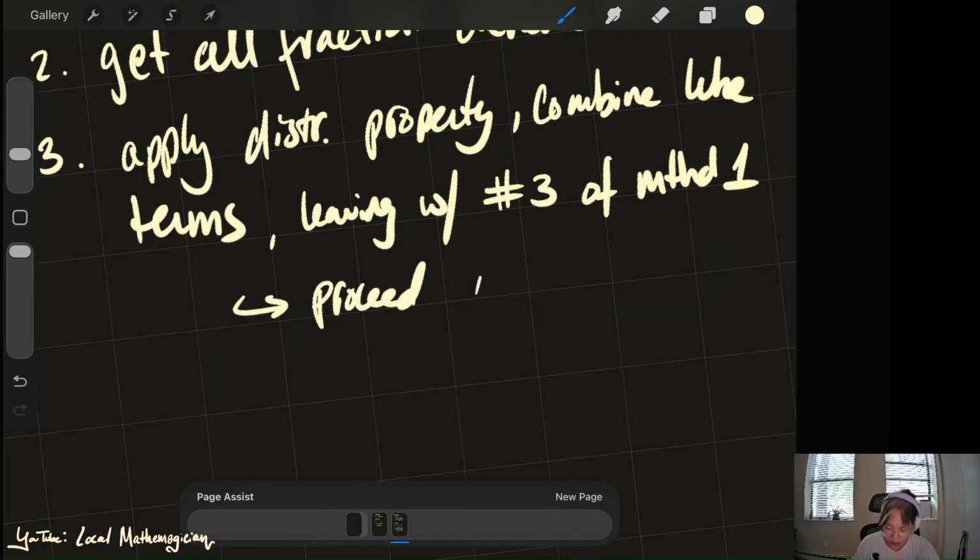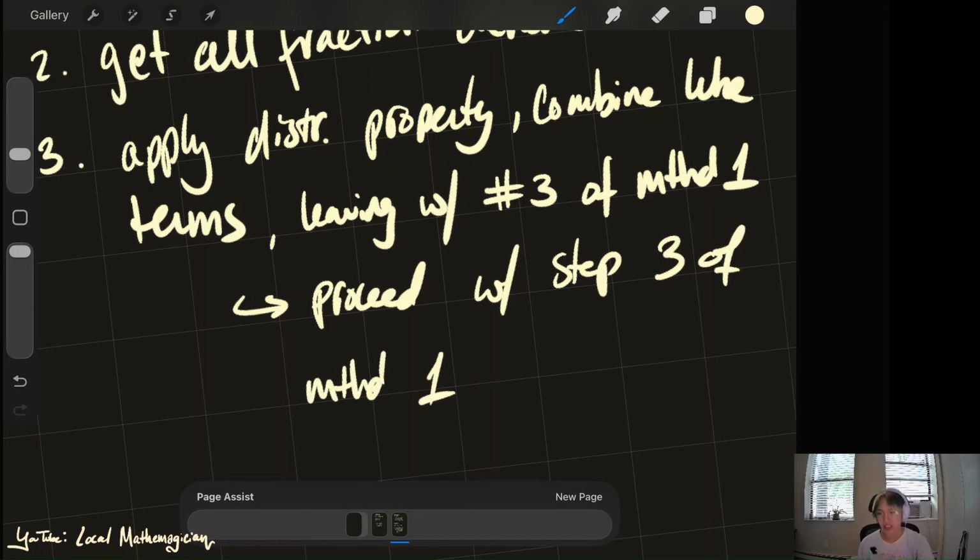Proceed with step 3 of method 1. I'll show you guys what that looks like.